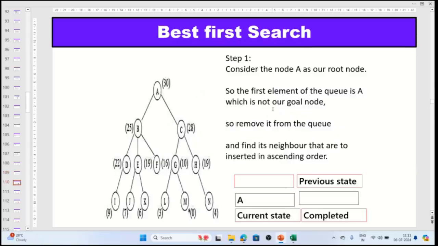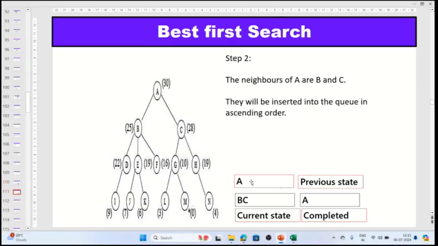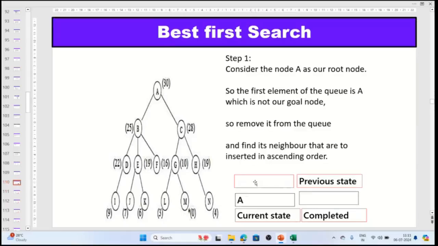So let us solve. Now, like the previous problem, make queues. This will be the outgoing node. This will be the previous state here. Then this is the fringe. This node will come out, current state and completed state. Completed state means whatever I have visited.